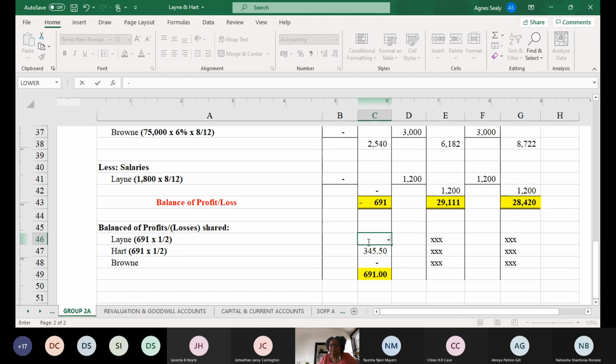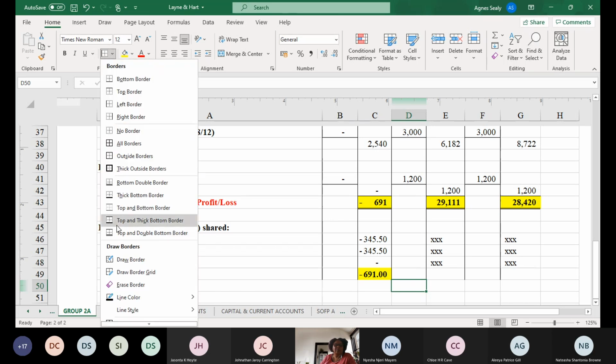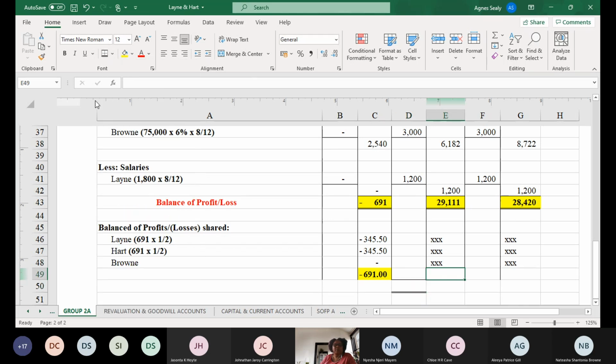You got to put the negative sign. I forgot to put the negative sign because remember it's a negative number, right? So it's a negative number. So we put back our negative sign.